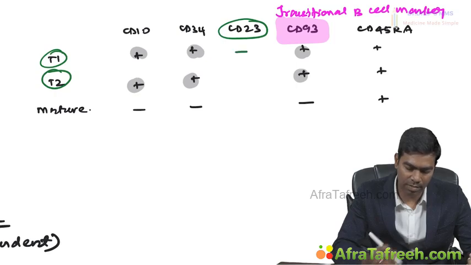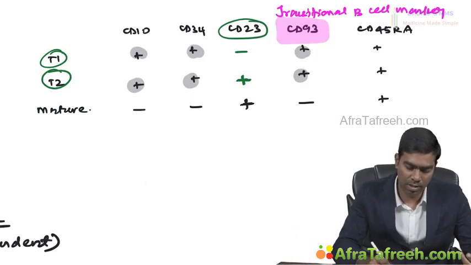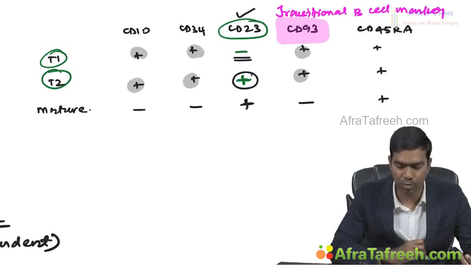CD23 will be negative in a T1 B cell and CD23 will be positive in a T2 B cell. CD23 will also be positive in a mature B cell, but that is not important. Really not important. This is the one that differentiates, because a T1 B cell will not have CD23, whereas a T2 B cell will have CD23.